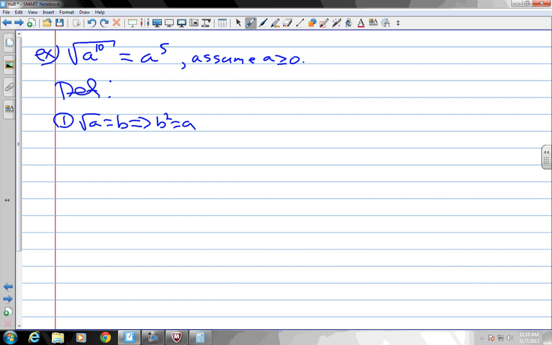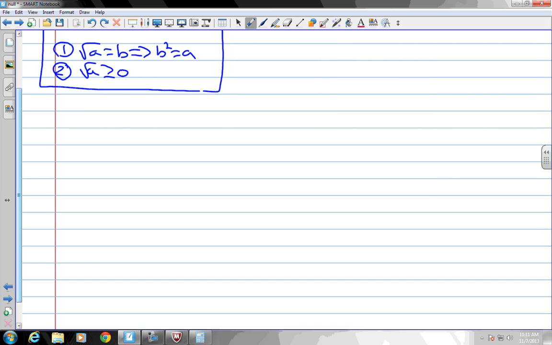Square root of a equals b means b squared equals a, but it also had that component. Square root of a has to be greater than or equal to 0, right? Had two components, that the square roots always produce positive results. And actually, that's true for all even roots. All even roots will produce positive results.